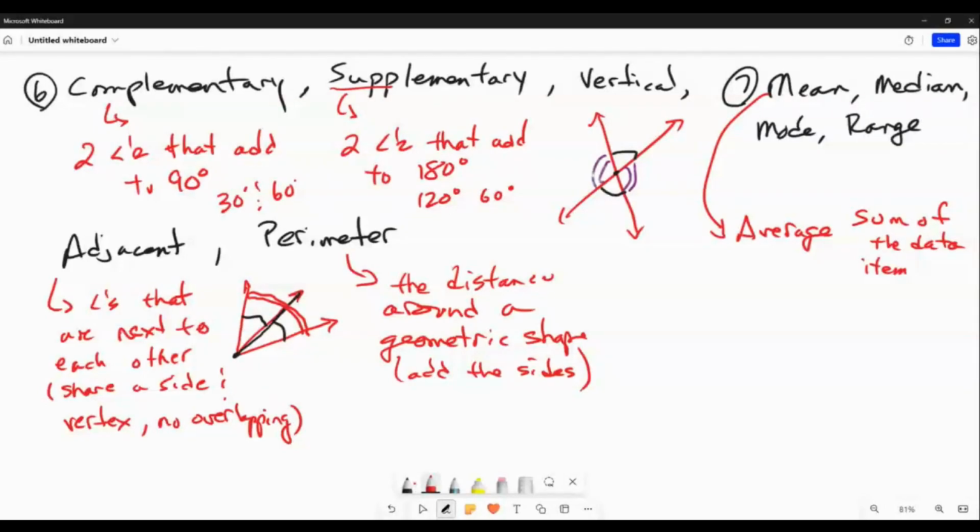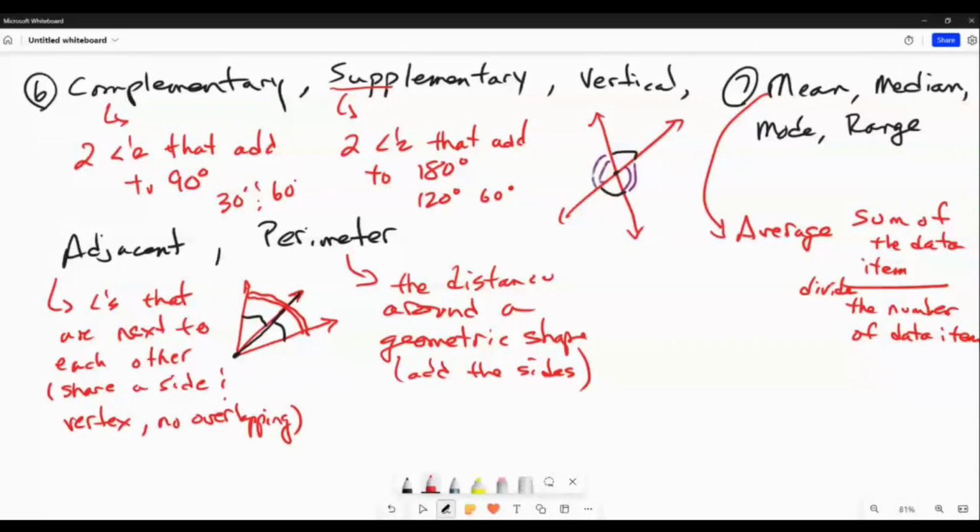Add up the data items and divide it by the number of data items. So if you have 10 numbers, you add those 10 numbers together and then you divide by the number of items in the set. So if you have 10 data points, you add those data points together and then you divide by 10 in that case to find the average.